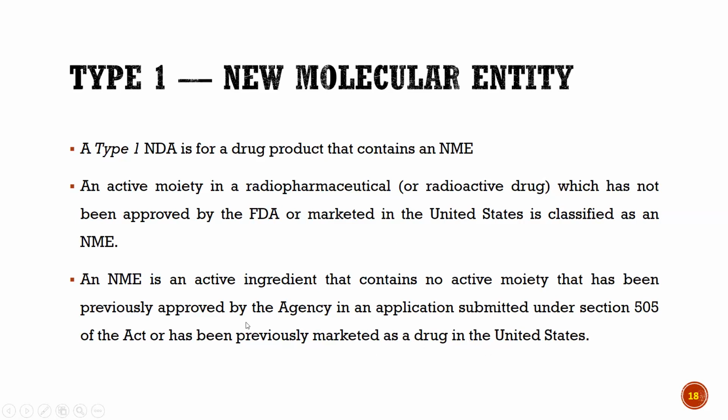As I said in the previous point, it should never be marketed or approved by the FDA. That type of drug substance will be considered a new molecular entity, which comes under type 1.